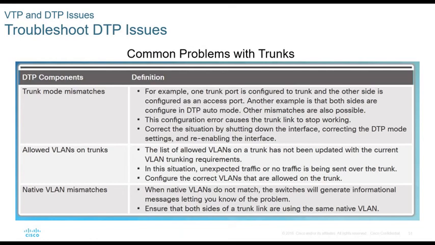The other one is the native VLAN mismatches. When native VLANs do not match, native VLAN sa kabila is, for example, 10, ang sinet mo sa router on a stick or on a router, ibang native VLAN number or ibang 802.1Q number in terms of standard. Sa switches naman, make sure that both trunk lines are using the same native VLAN. So, isa rin yun.